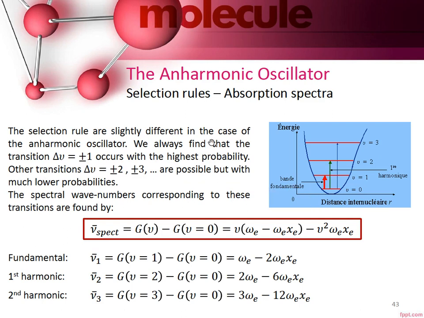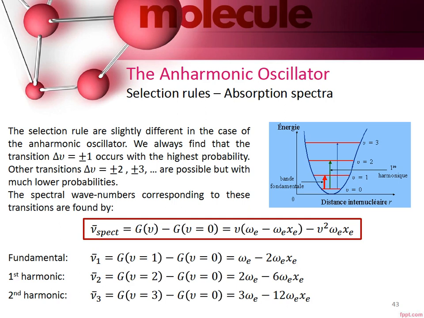The selection rules are slightly different, as I said. Obviously delta V equal plus or minus 1 has the highest probability. So usually the molecule will absorb light to go from one level to the one just next to it, higher in absorption, and the same thing in emission.